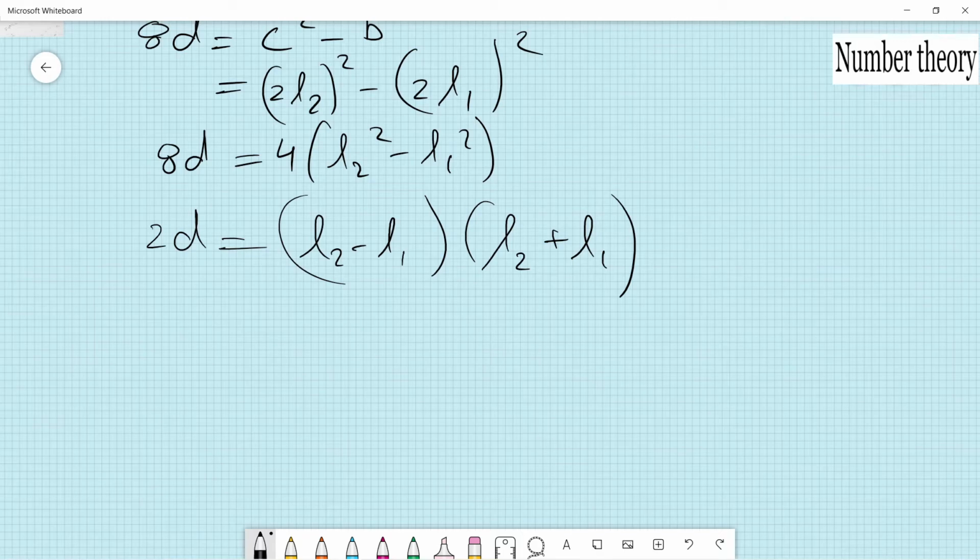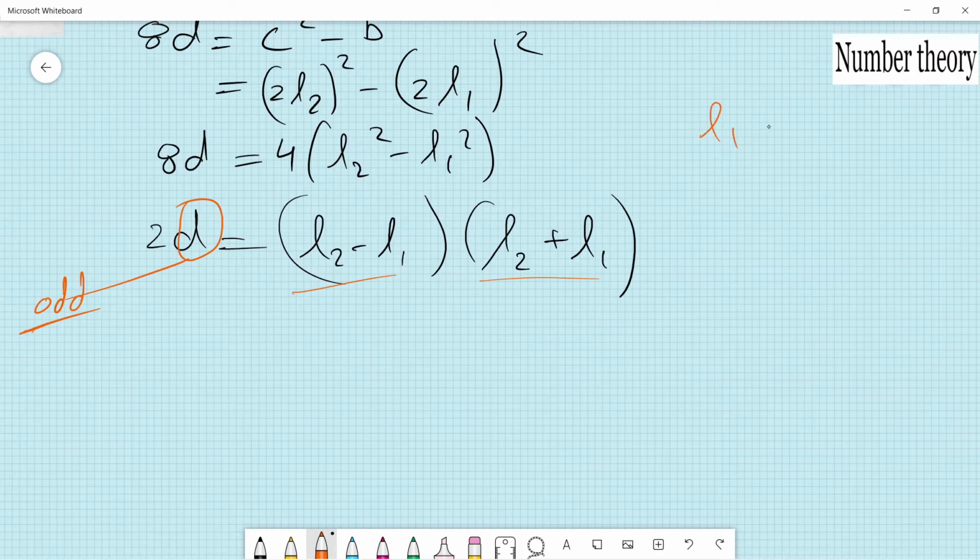Okay. Now here we know that D is odd. Let's see what the parity of L2 and L1 can be now. Can they have opposite parity?